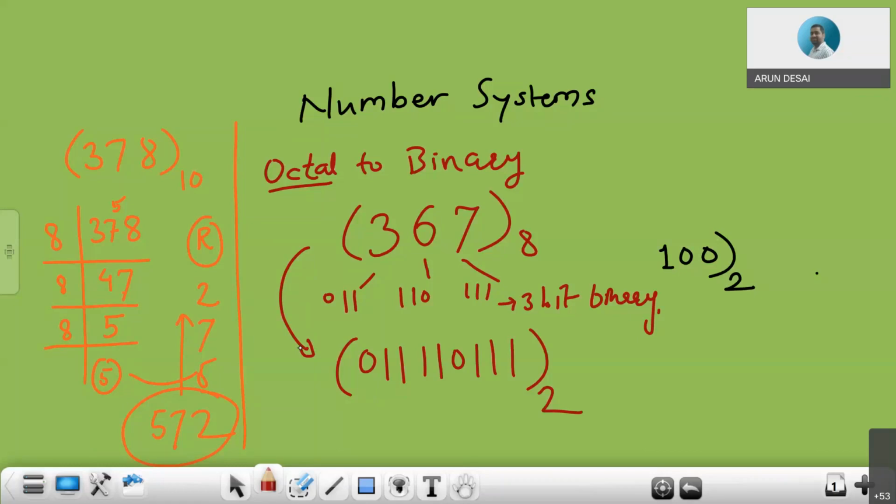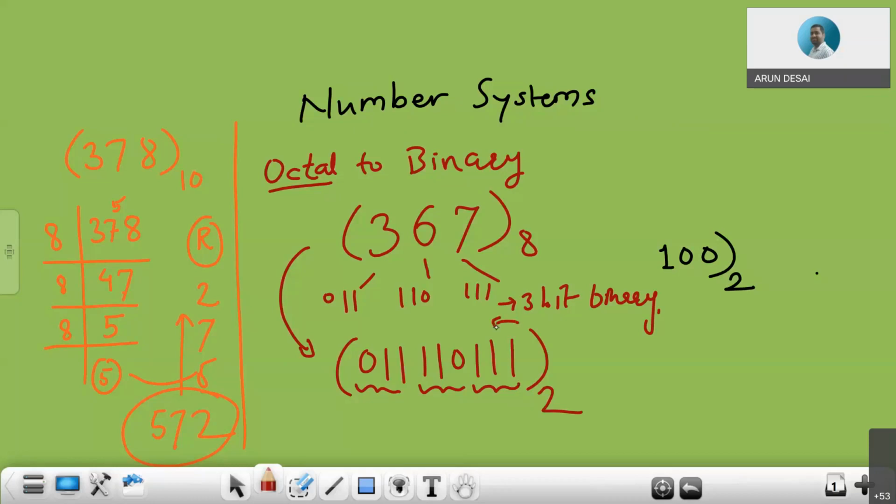Again, from binary to octal, whatever binary number is given, try to group those numbers into 3 and find a decimal equivalent for that. But for grouping, you need to start from this side.